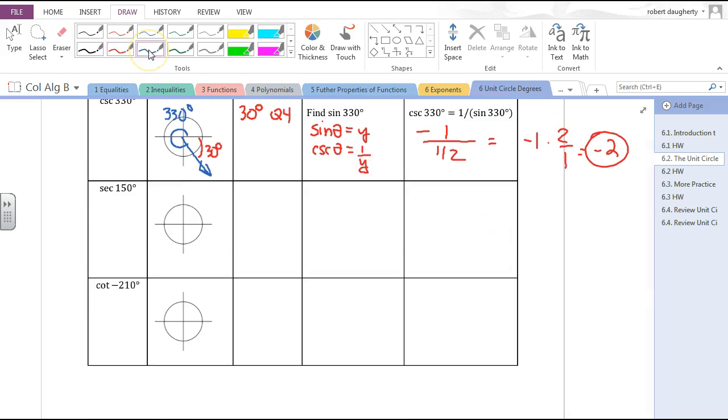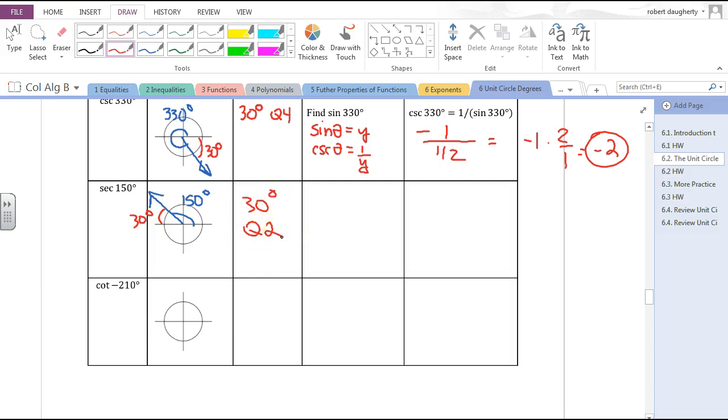So where does 150 end up? Yeah, let's call it the second quadrant. So if that's 150 degrees, what is the central angle that is right there? It's 30.